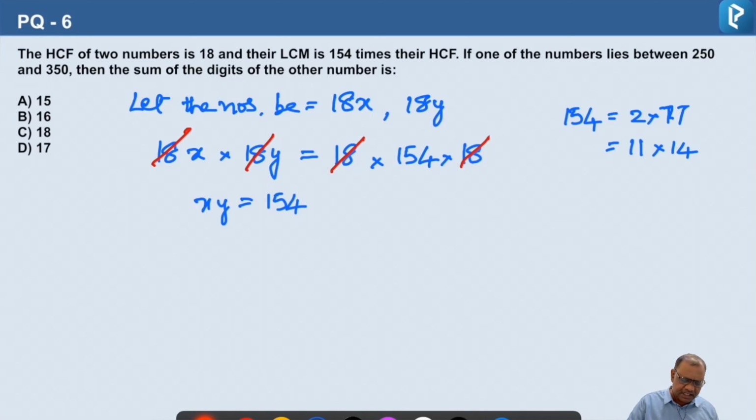So let us check with 11 and 14. Let x be 11 and y be 14.